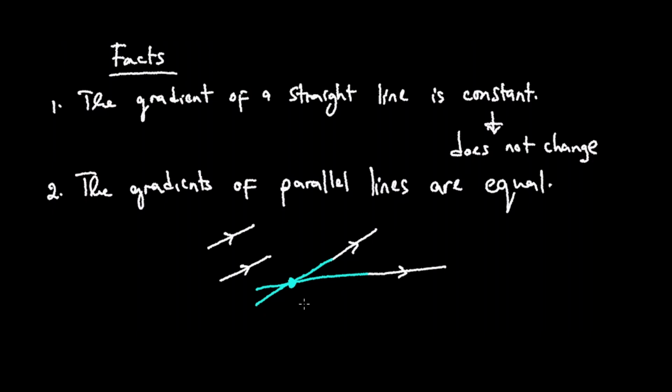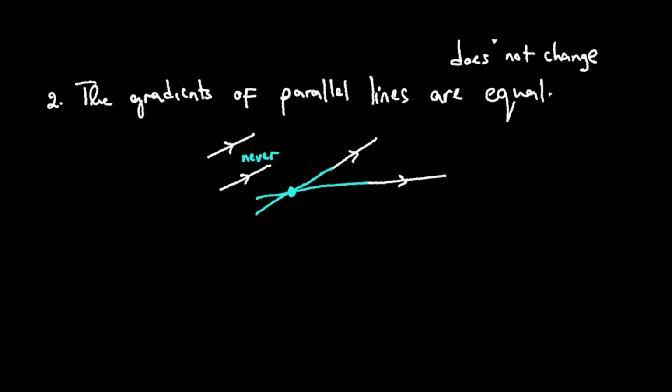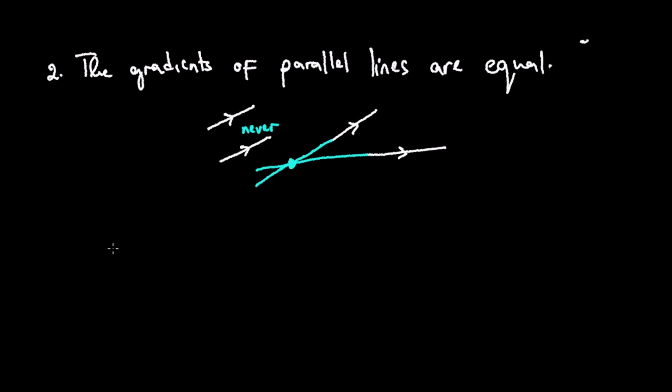So when we say parallel lines, we mean lines which never meet; never is the important word.